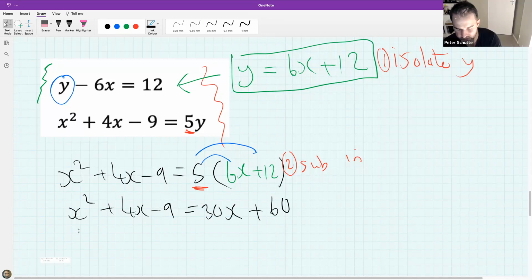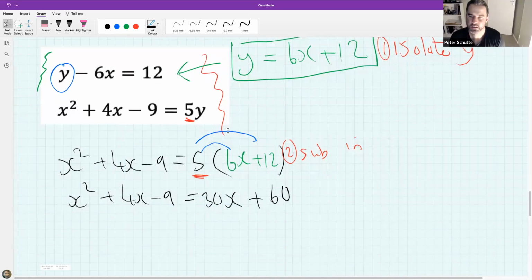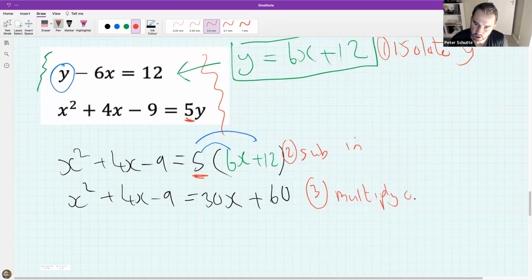Okay, so now the next question is, step 1 was isolate, step 2 was sub in, step 3 was multiply out. What's step 4 going to be?